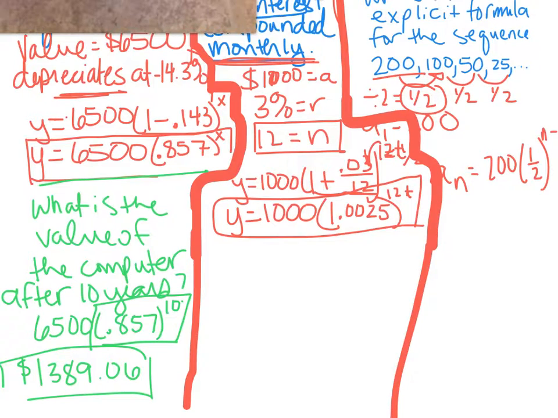Okay, so similarly, let's say with your investment, you invested $1,000 at a rate of 3% compounded monthly. So let's say, how much is this worth after 10 years?